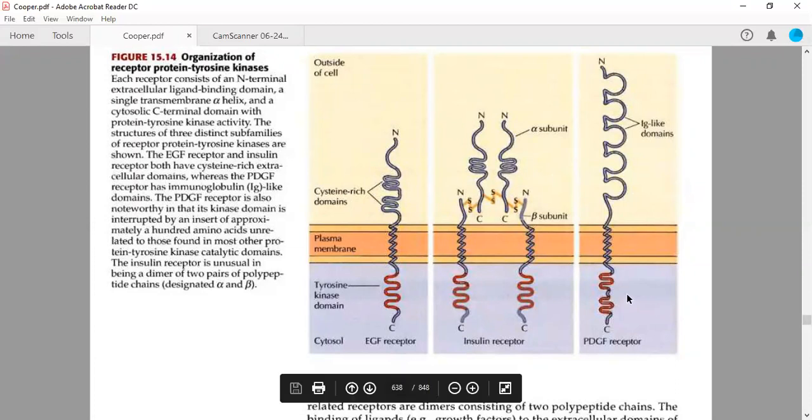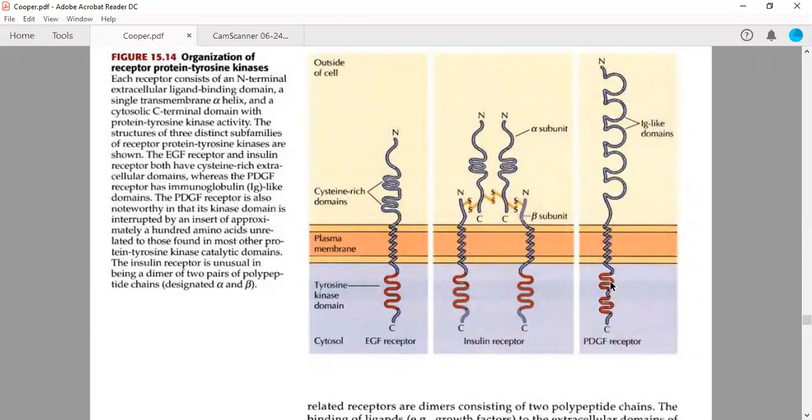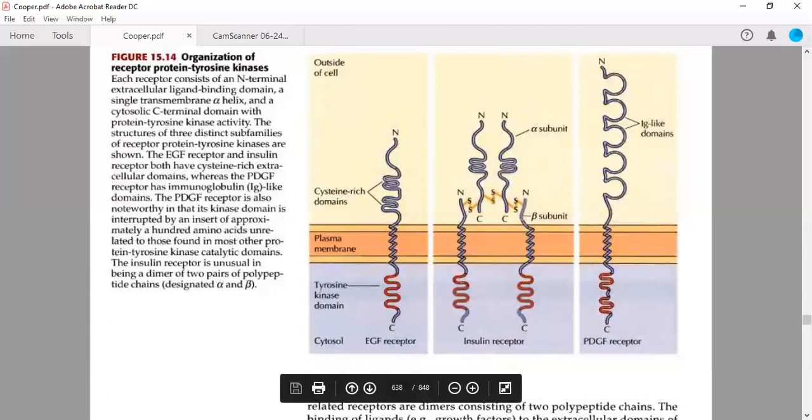The second thing is also very important about these receptors. They have a stretch of about 100 amino acids which interrupts this particular catalytic domain. This catalytic domain is called the receptor tyrosine kinase domain and has the kinase function. So it is not continuous; it has an interrupted amino acid sequence with unknown function.